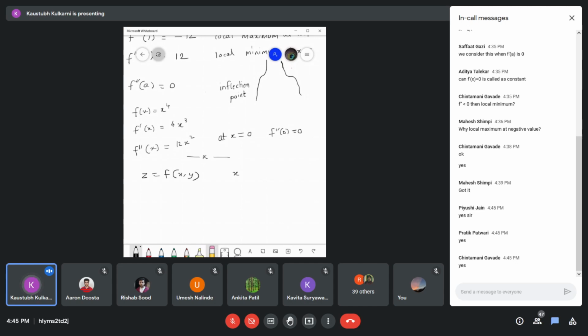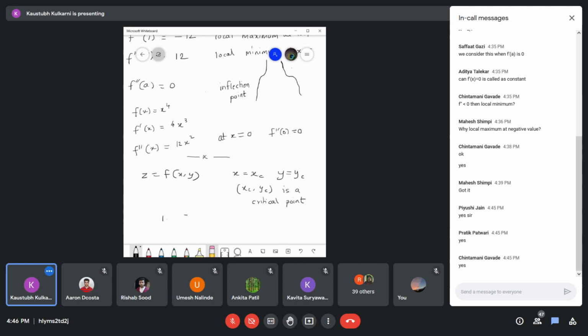Instead of saying x equal to a, let's just say x equal to xc and y equal to yc, or in short, xc comma yc is a critical point if the following conditions are met.